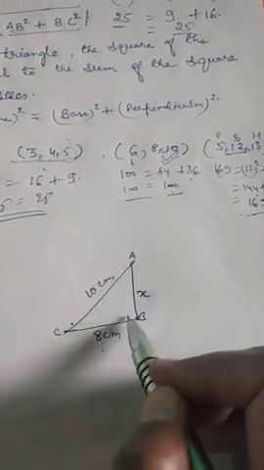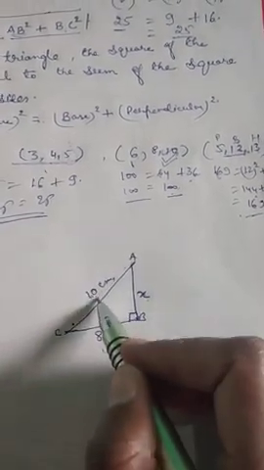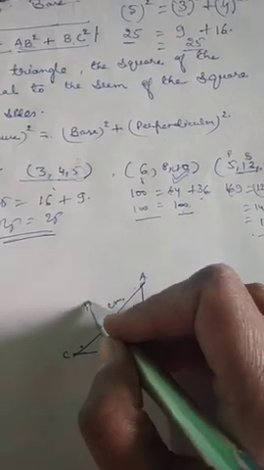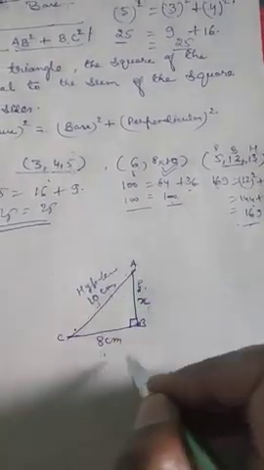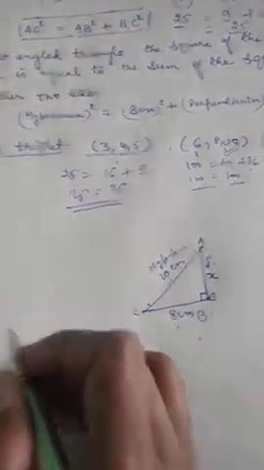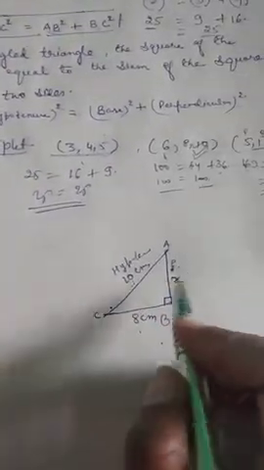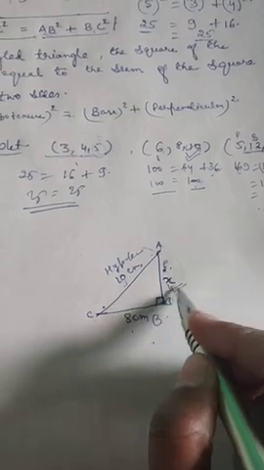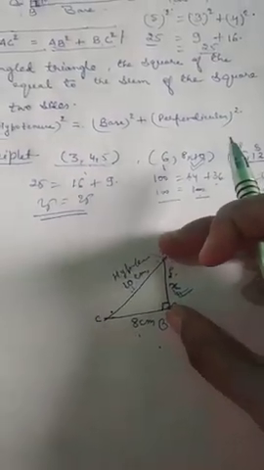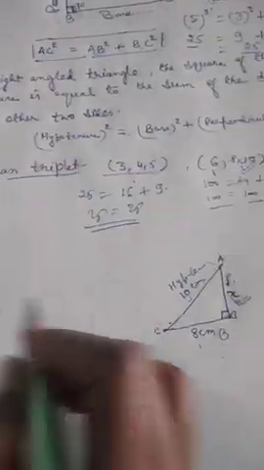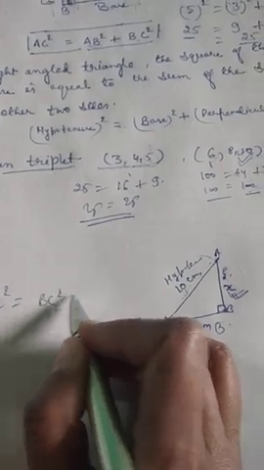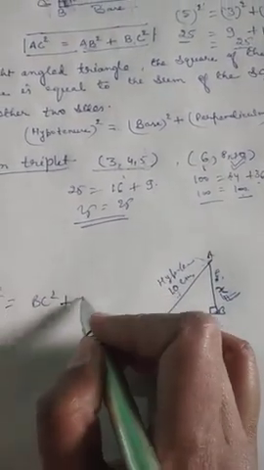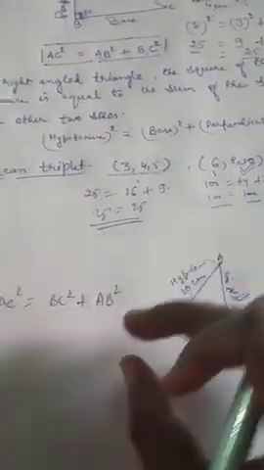Here is 90 degrees, so this side will be called the hypotenuse, and these two you can take as base and perpendicular. Now according to Pythagoras theorem, we are going to find the value of this x, this perpendicular. How? Pythagoras theorem says that hypotenuse square is equal to the sum of the squares of the other two sides, meaning base square and perpendicular square.